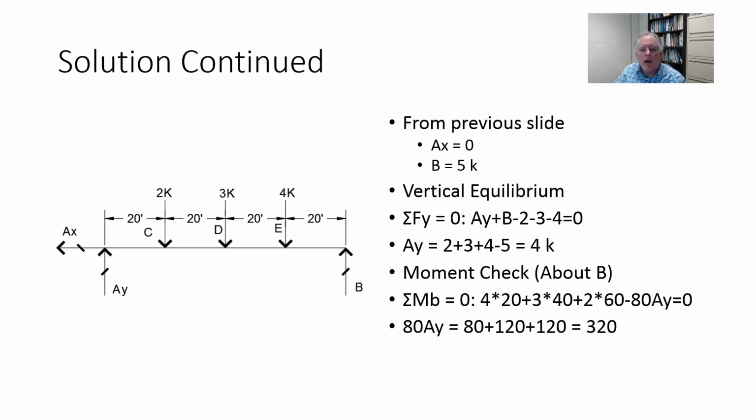So 80 AY is equal to 80 plus 120 plus 120, or 320 kip-feet. So AY is equal to 320 kip-feet divided by 80 feet, or 4 kips. That's our check. And now that we've checked it, we're sure that the values are right. The only unchecked value is A sub x.